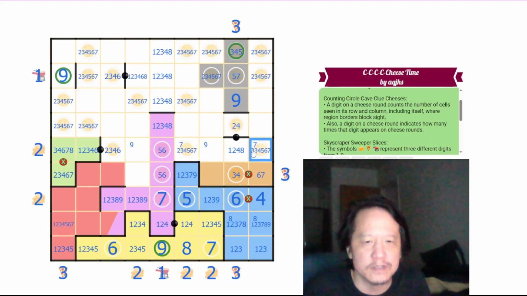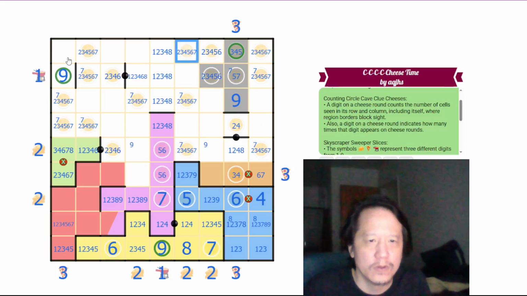So one of these is 7. One of these is 7. One of these 3 is 7. This could be 7, or one of these 4 is 7. None of these can be 7 because of 7 in the column. And then one of these 3 is a 7 there.